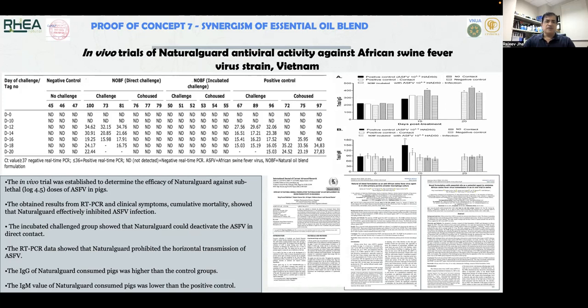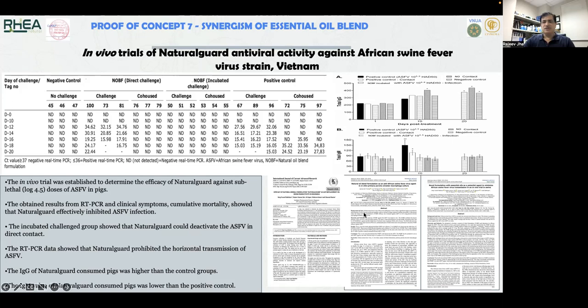The incubated challenge group showed that natural guard could deactivate the African swine fever virus in direct contact. The RT-PCR data showed that natural guard prohibited the horizontal transmission of African swine fever virus. The immunoglobulin G of natural guard consumed pigs was higher than the control groups. The immunoglobulin M value of natural guard consumed pigs was lower than the positive control.